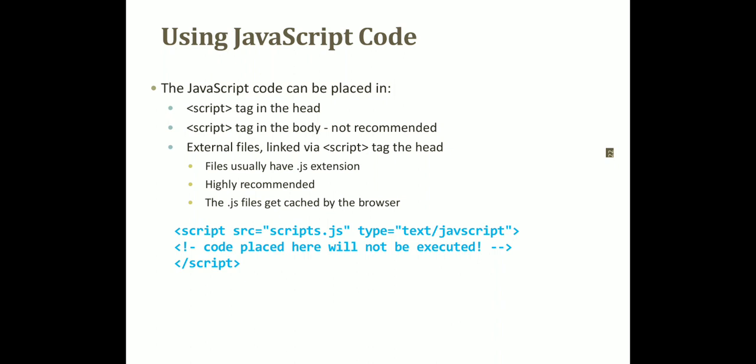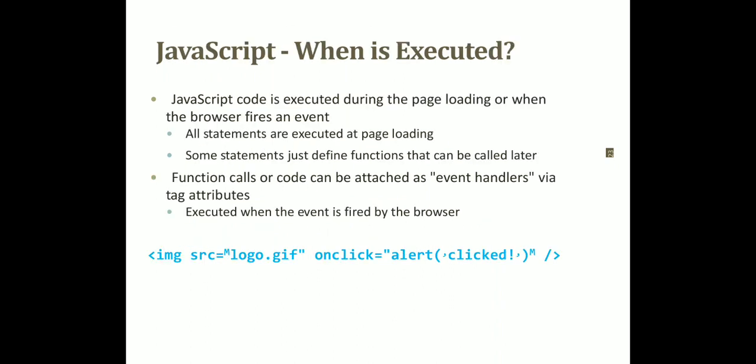So code that will be placed here will not be executed because we have provided a source file to execute the code. Then when is JavaScript executed? JavaScript code is executed during the page loading or when the browser fires an event.